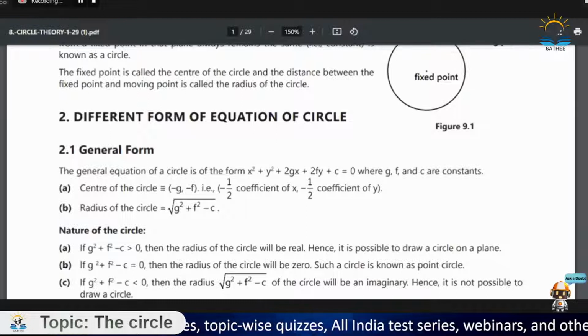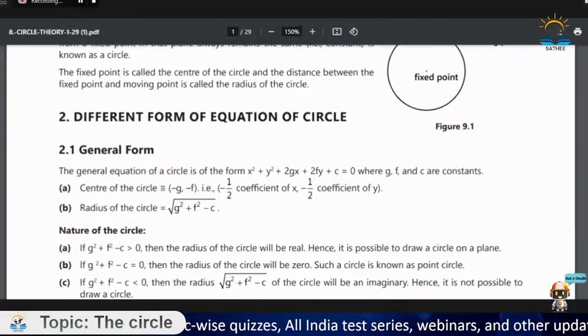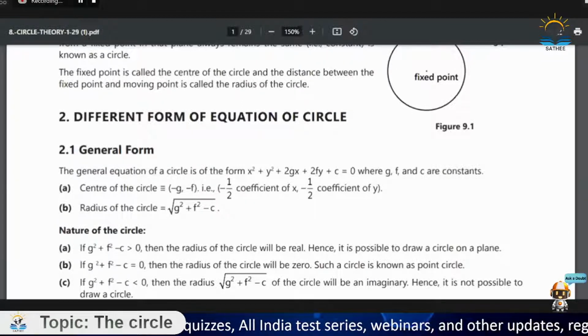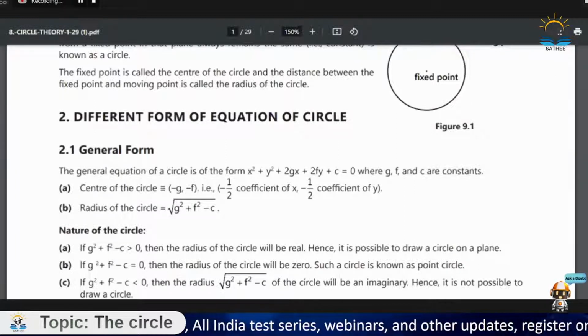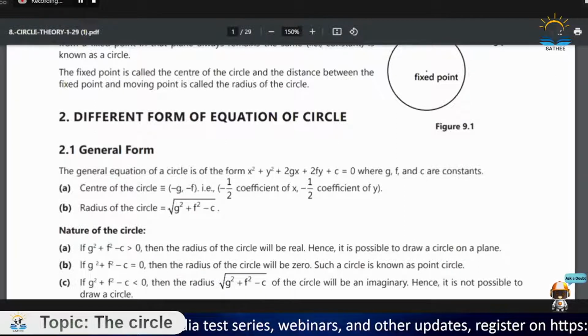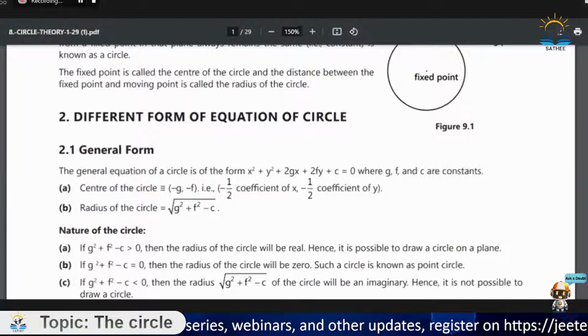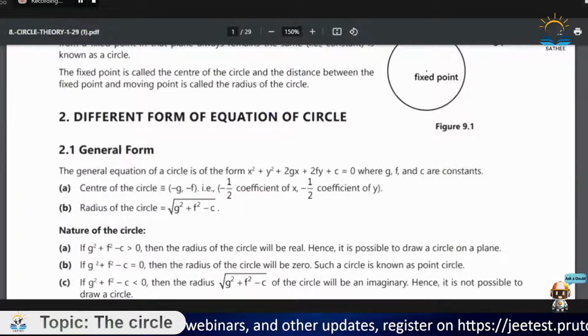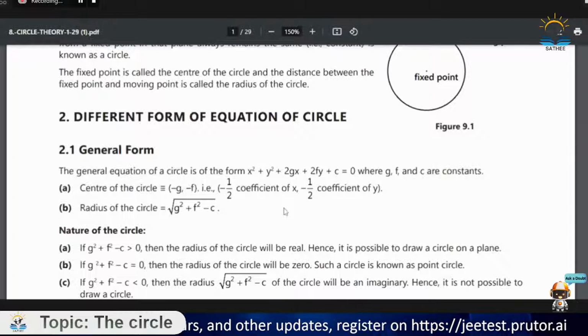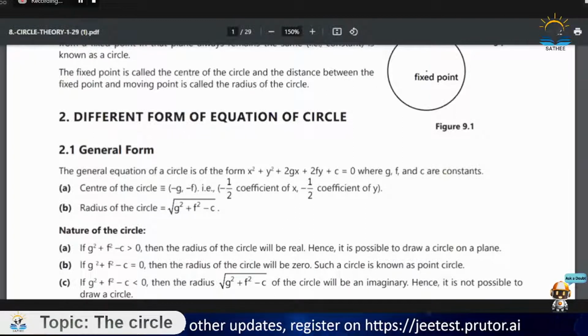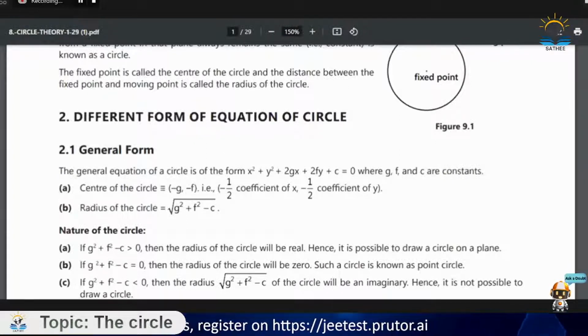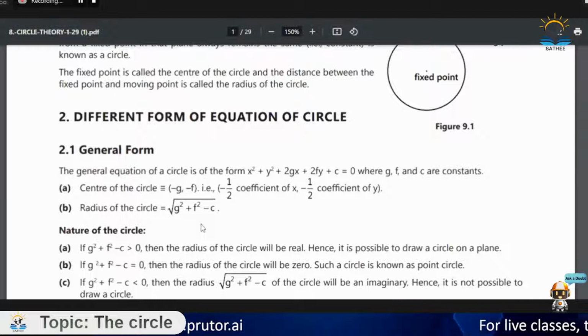So basically we will have x plus g whole square plus y plus f whole square is equal to g square plus f square minus c. This will form the standard equation of a circle, that is x plus h whole square plus y plus k whole square is equal to r square. So basically our center would be minus g comma minus f, and our radius would be root of g square plus f square minus c.